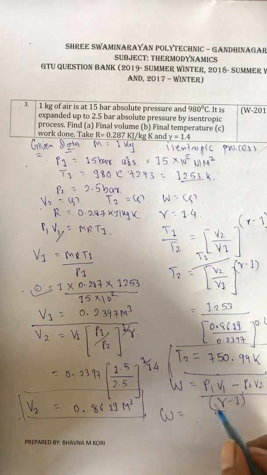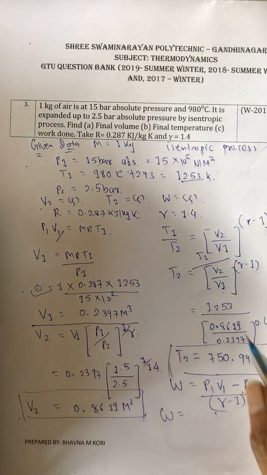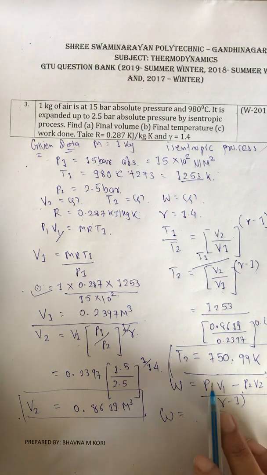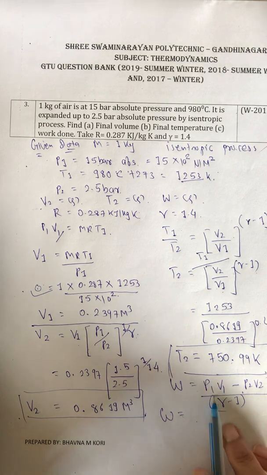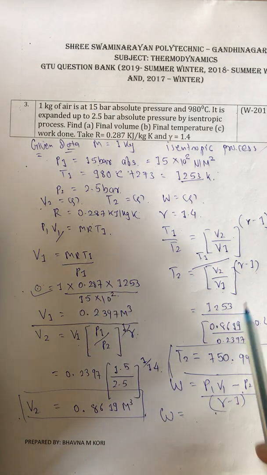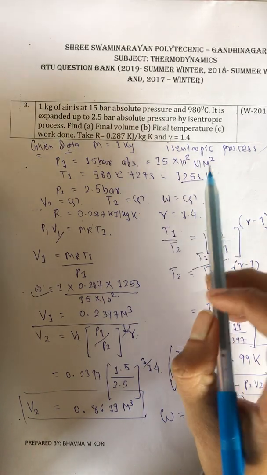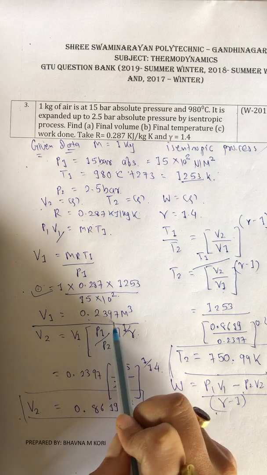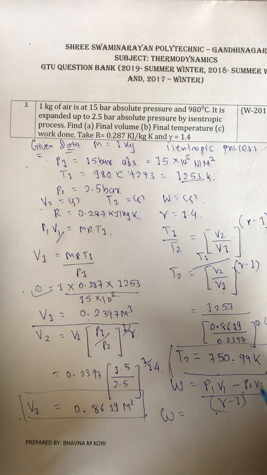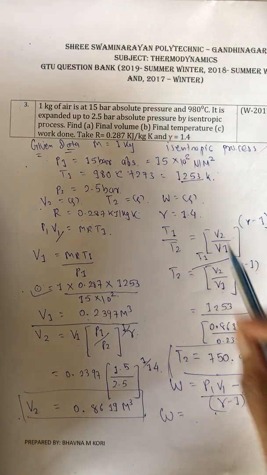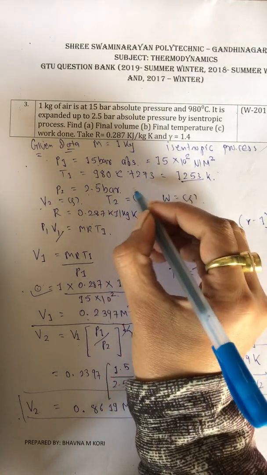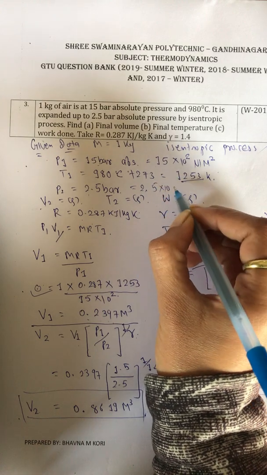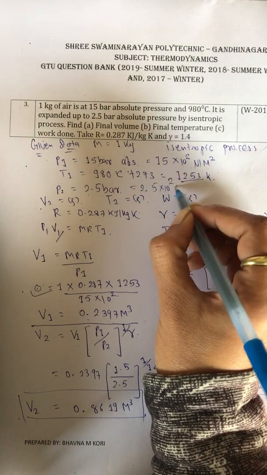Okay. Put the value of P1, that is 15. Here you have to take the value 15 into 10 raised to 5 multiplied by V1. V1 is 0.2397 meter cube. Then the value of P2, that is 2.5, multiplied by 10 raised to 2 Newton per meter square.